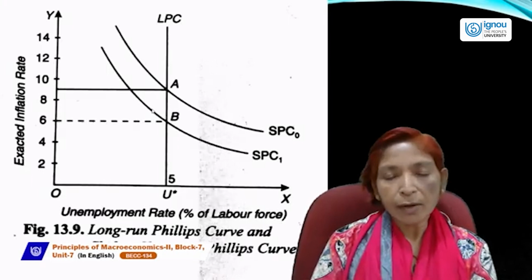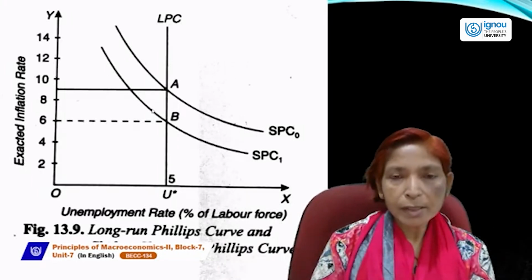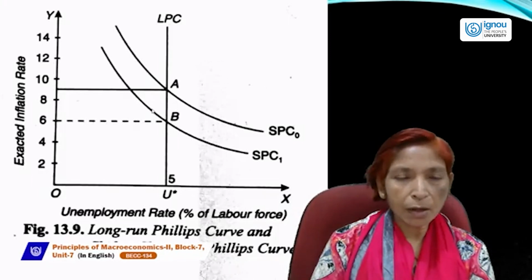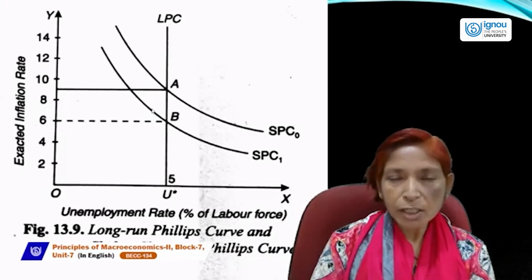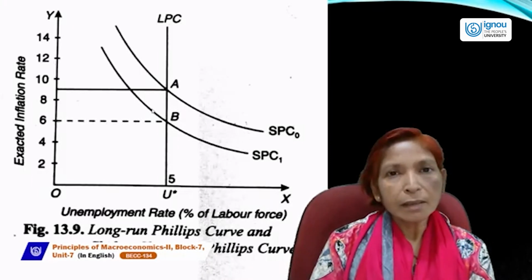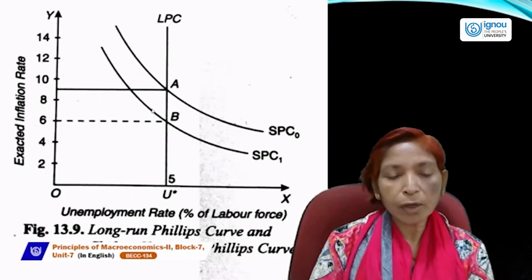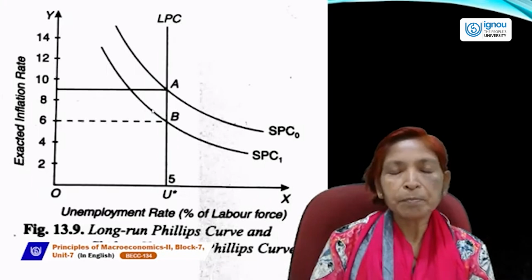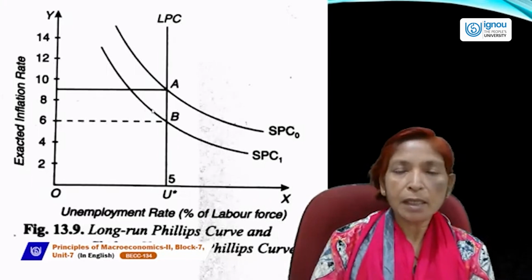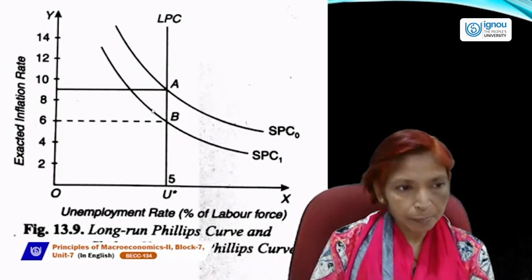Here U star on the x-axis shows that the unemployment rate is constant, or the economy has achieved the full employment level in the long run. If full employment is achieved, employment opportunities will not increase, we can't generate more employment, output level will not increase, income level will not increase, only the inflation rate will increase.